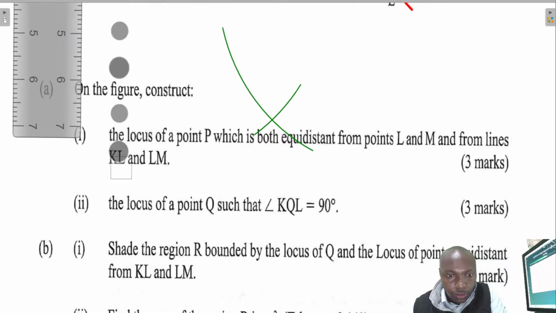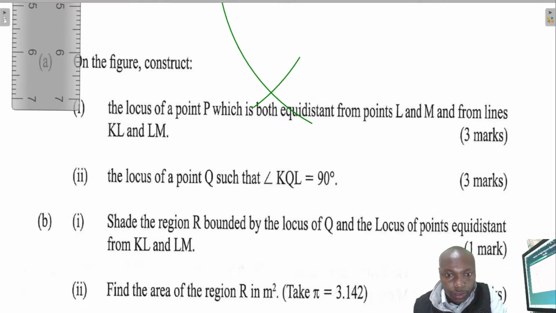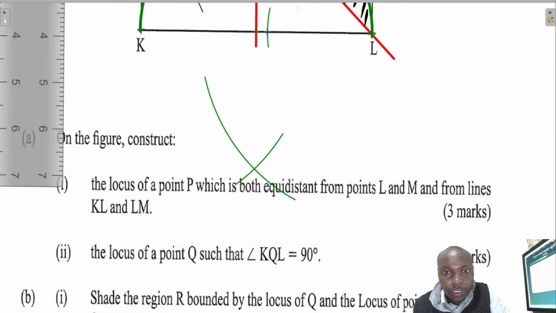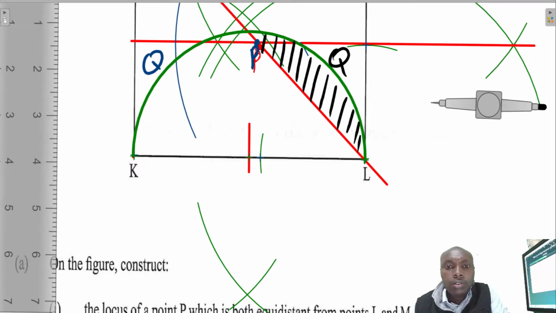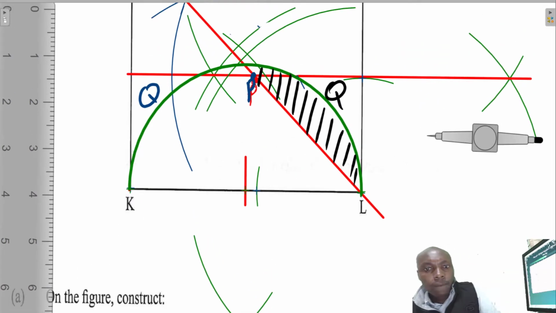After identifying the region, that is 1 mark. Then find the area of the region R in meters squared. When you look at that region, we simply need to do something here.